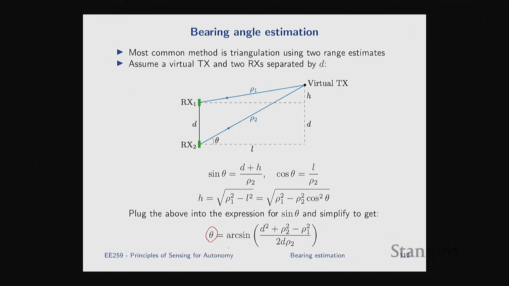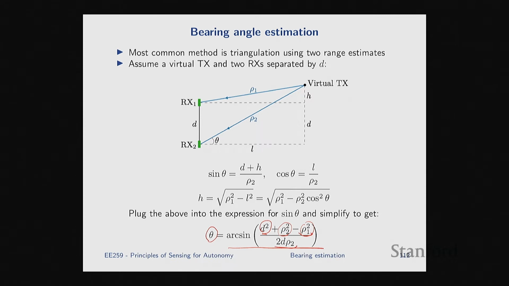And theta becomes the arc sine of (d squared plus rho2 squared minus rho1 squared) over (2 d times rho2). What's nice about this is everything is known, right? d is the separation of the two receivers, we know what it is. And rho1 and rho2 are the ranges that the two receivers estimated.